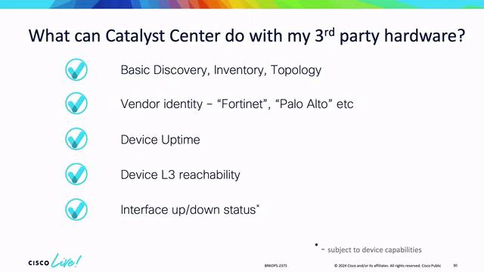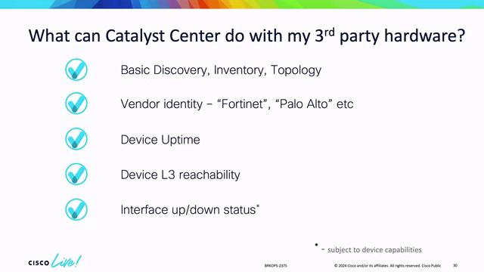So we've heard you. We're rolling out support for generic devices, or non-Cisco devices, starting with version 2.3.7.x shortly. So here's the limited level of visibility that will be available with these generic devices. You will be able to add them into inventory. You can locate them on the topology. You can discover these devices using SNMP.